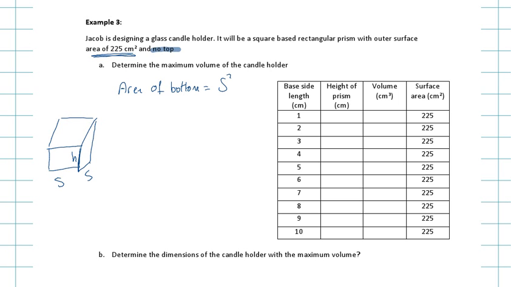Do you all agree with me that all the other four faces are the same? Because they're all made of S and H, S and H, S and H. They're all made of the same thing. So how many faces do I have? Four faces. What would their area be?